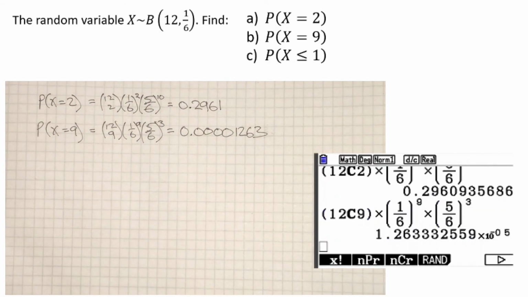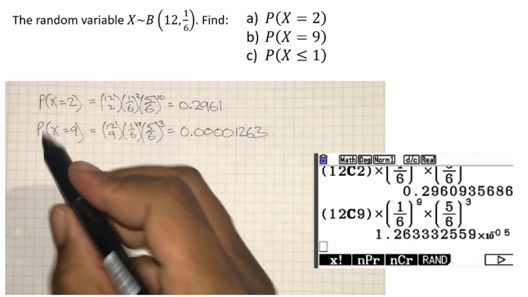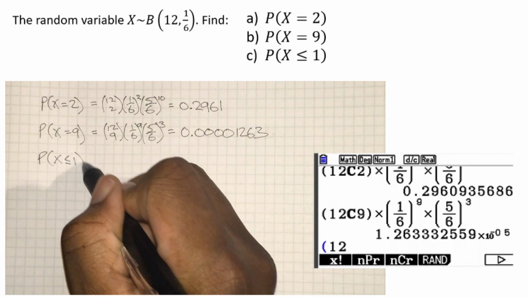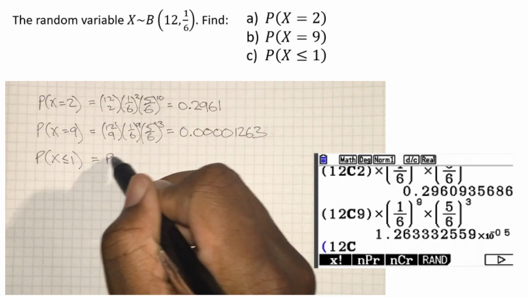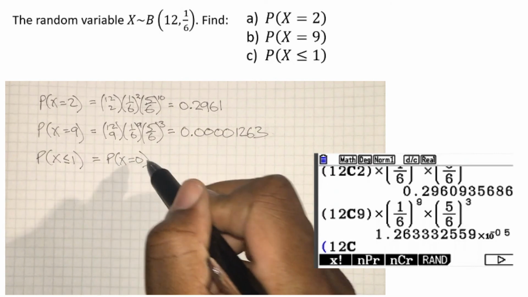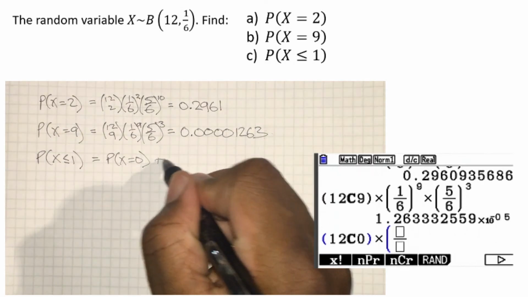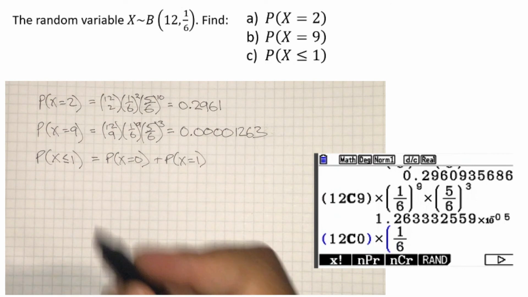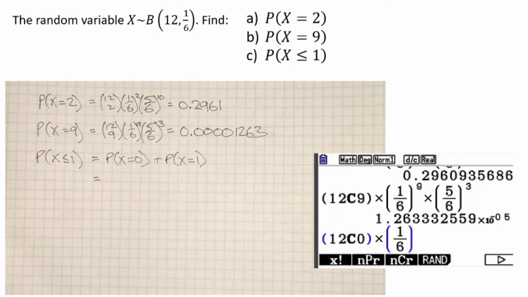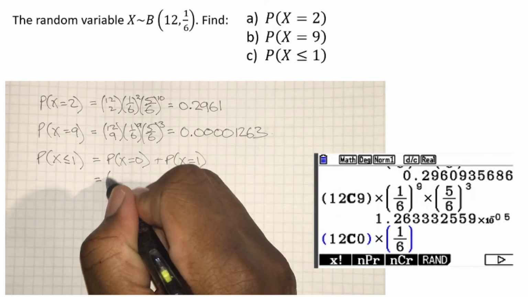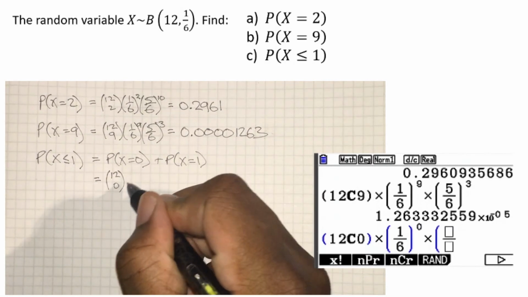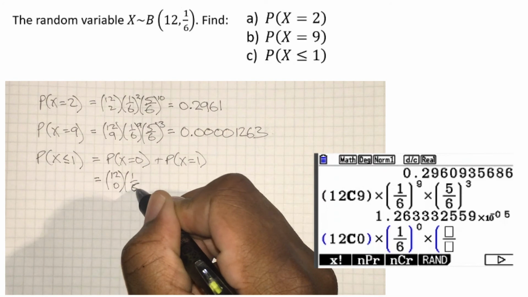And finally, we're looking at a cumulative probability here. The probability that x is less than or equal to 1. Well, let's start by thinking which outcomes we're interested in. We're interested in the probability that x equals 0. And we're interested in the probability that x equals 1. Nothing else satisfies this inequality. So we're just going to use the probability function twice. If you remember, 0 is an edge case. So I don't even need the nCr. I don't need the probability of success.